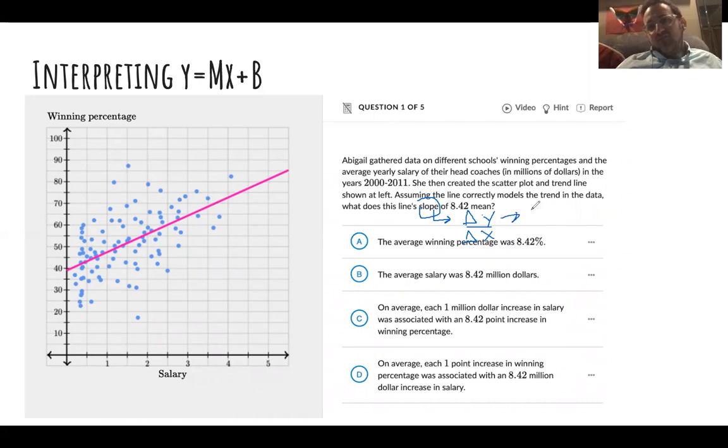So this is change of winning percentage over change of salary.